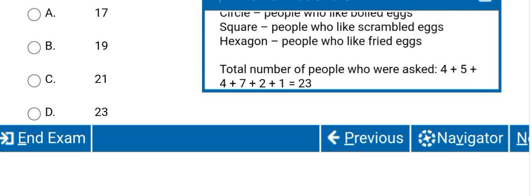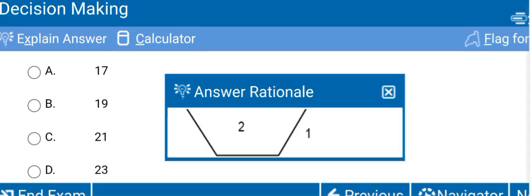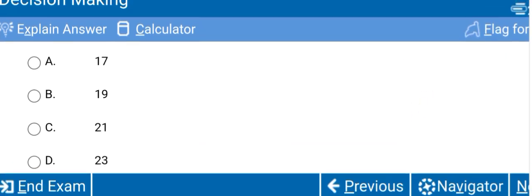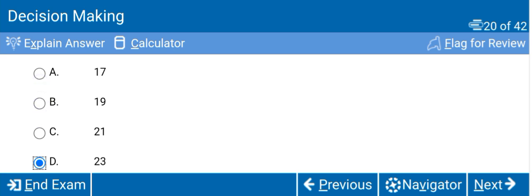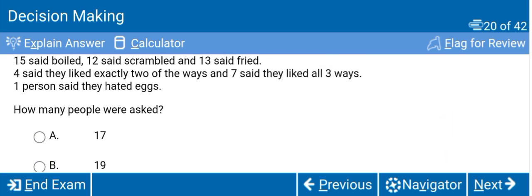The total number of people who were asked is 4 plus 5 plus 4 plus 7 plus 2 plus 1 equals 23. So that's how you can calculate your data and choose the right option, which is option D: 23 people were asked.